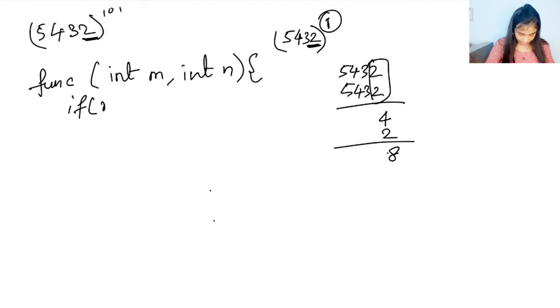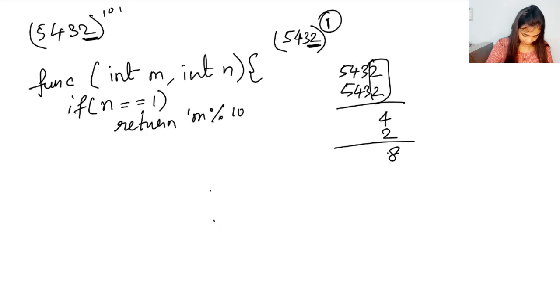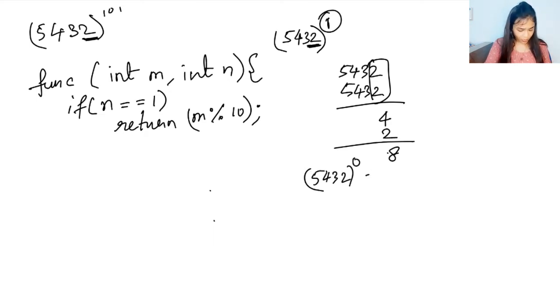So we are going to put that as the base case. If n is equal to 1, then we are going to return m percentage 10.